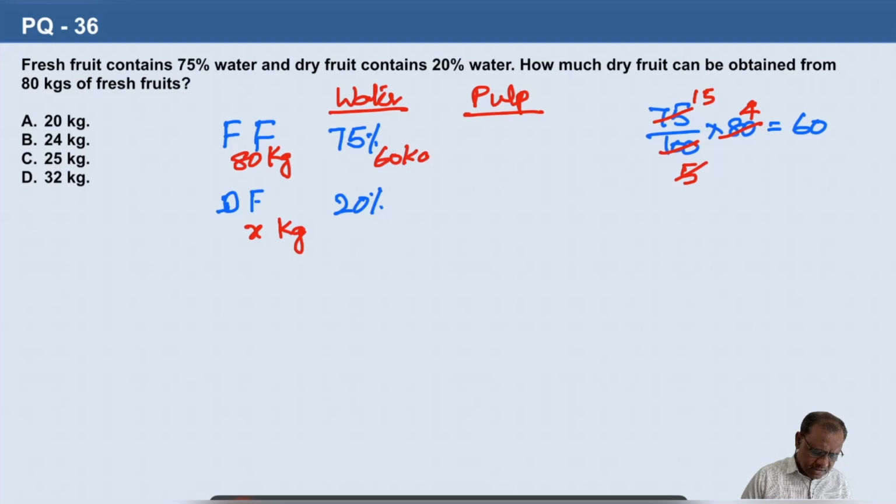Water is 60 kg. And pulp will be remaining. Remaining is how much? 20 kg, that is a pulp. So the quantity of pulp is same in both fresh fruit and dry fruit. This is 20 kg.